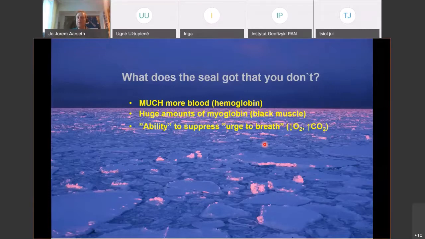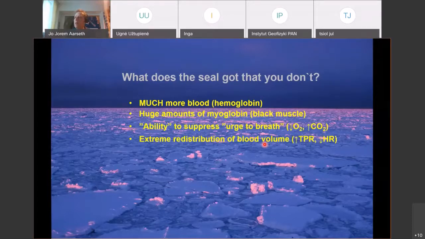The body takes over and takes control and forces you to breathe. And if you're underwater, you will drown. But the seals have the ability to suppress this urge to breathe. They are in control. It's not the brain that takes over.